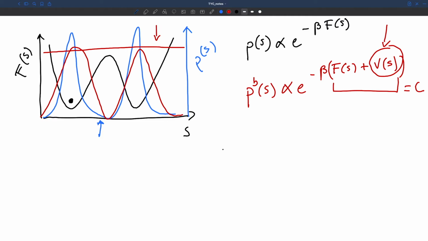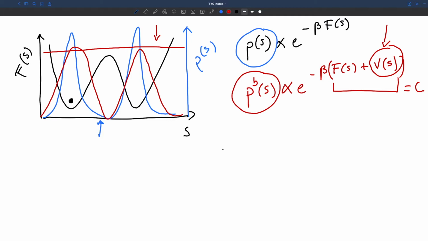When we introduce a bias potential, the histogram that we will collect from the dynamic simulation is not the histogram of the unbiased probability density, so it's not the histogram of P of s, but it's the histogram that is approximating P_B of s, the probability density in collective variable space given a certain bias potential V of s.